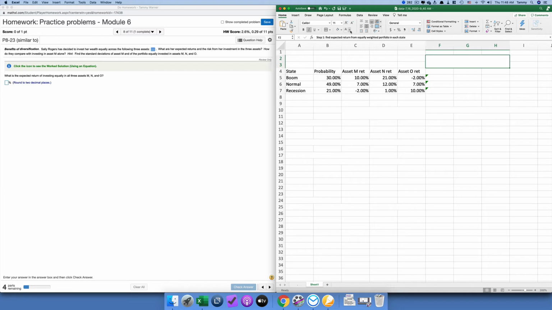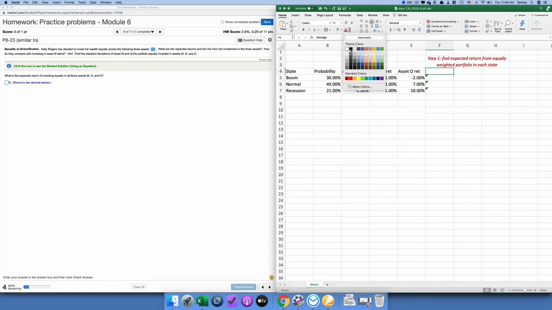So the first thing we want to do, step 1, is find the expected return from an equally weighted portfolio in each state of nature. That is, we want to find the average here. So we want to find the average return for an equally weighted portfolio for each of these states of nature, right?